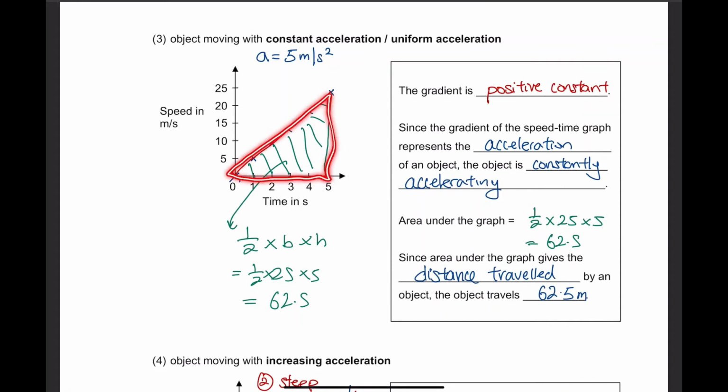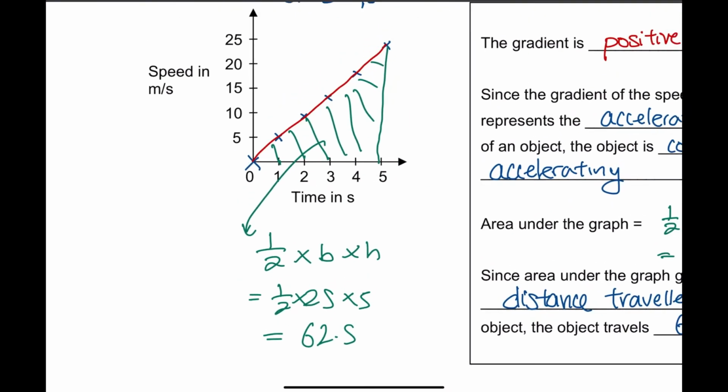triangle. Triangle, you have learned in primary school, is just half times base times height. The base is 5, and the height is just 25.